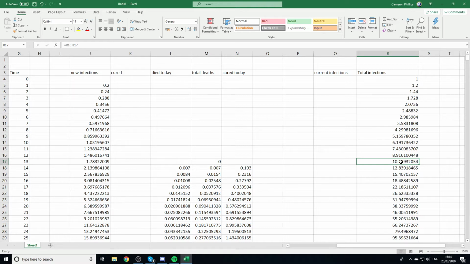So what I'm going to do here is, the current infections is going to be, well, actually I'm going to put it in this column here.